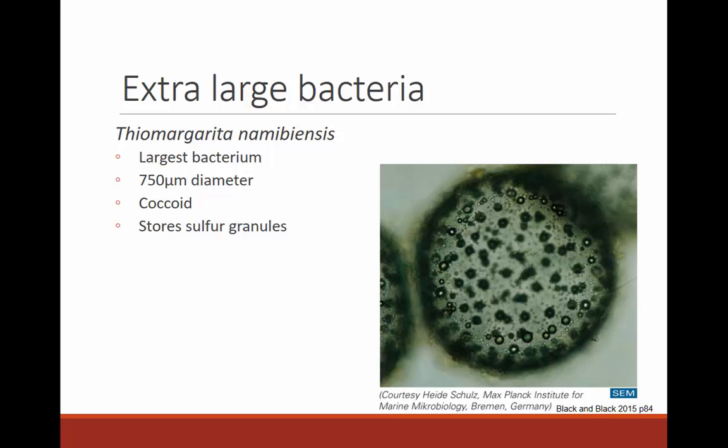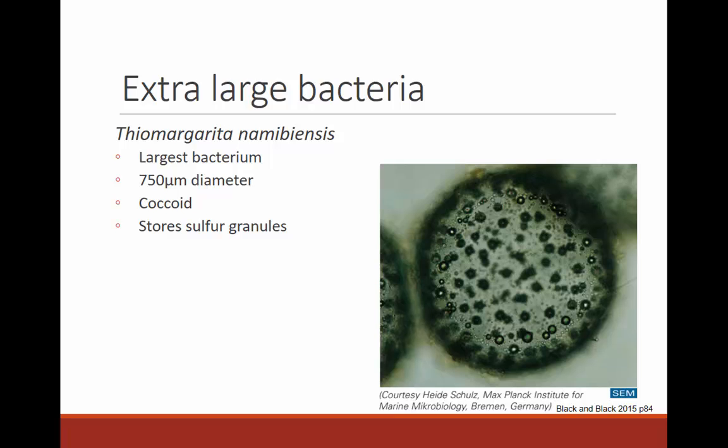They're found in sediment, in rivers, so bodies of water, they're found in the sediment. So not only do they store the sulfur, but they can actually use some of the nitrates as well as some of their food source.